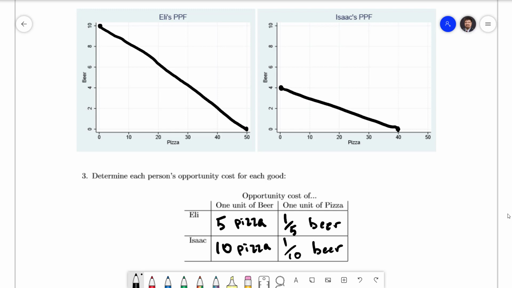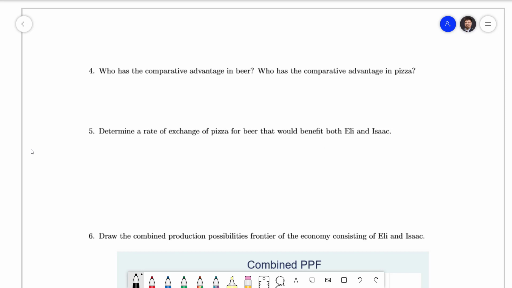Notice that these line up with the slopes of the PPFs. On Eli's side, 50 divided by 10 is 5, so 5 pizzas. Over here on Isaac's side, 40 divided by 4 is 10, and we could do the same thing going the other way. Next question is, who has the comparative advantage in beer?